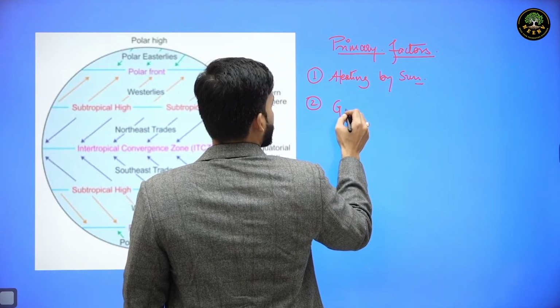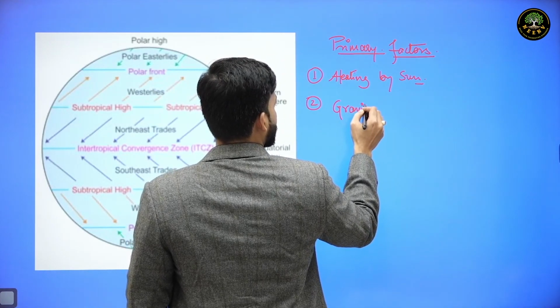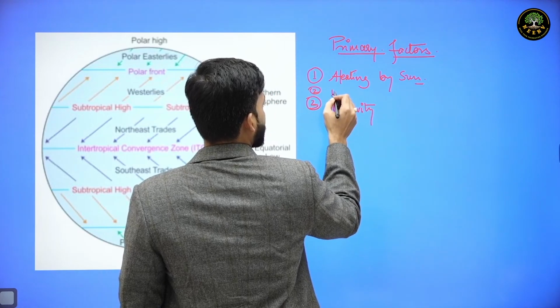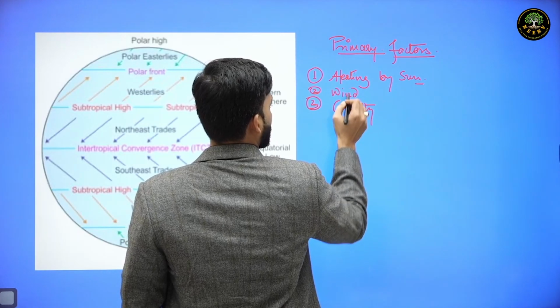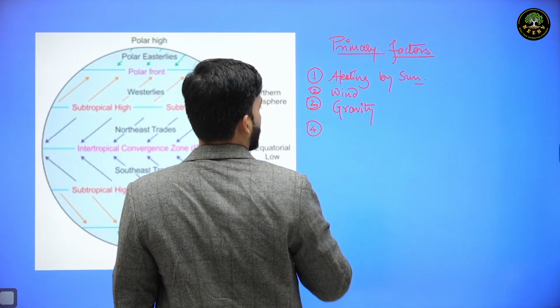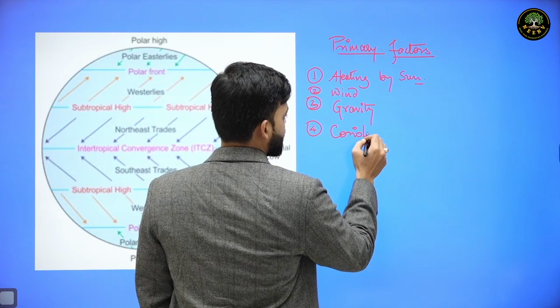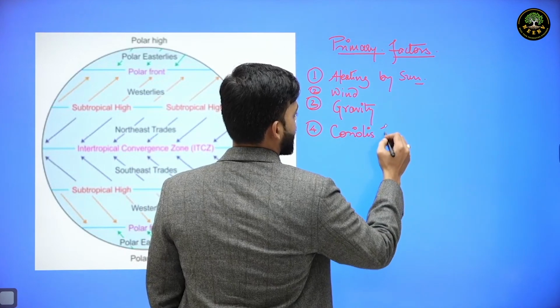Second, gravity also acts as a factor. Third, wind plays a major role. And fourth is Coriolis force. These are the primary factors responsible for ocean currents.